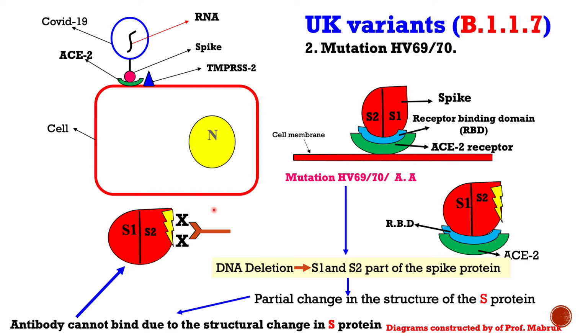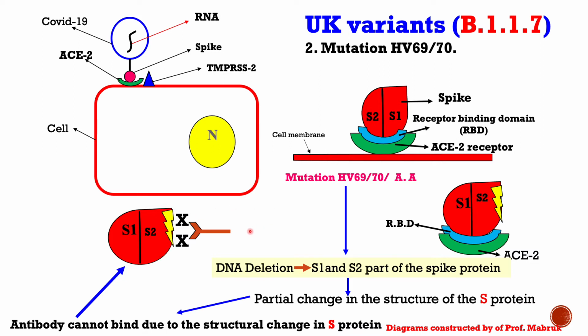It prevented neutralizing antibodies that have been formed against the coronavirus COVID-19 from binding specifically to the S1, S2 component of the coronavirus. So what that means, you see the X here, it means that the neutralizing antibodies cannot bind to the spike protein of the coronavirus COVID-19. Why?